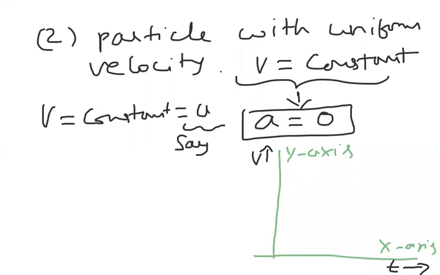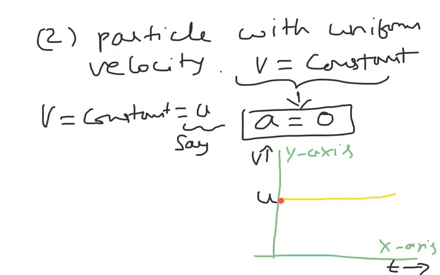At any particular time, the velocity is not changing. Whenever we have that information, we have to draw a line parallel to the x-axis. Here it indicates that the u value is not changing.